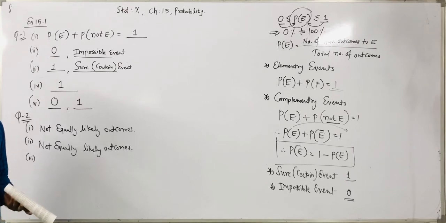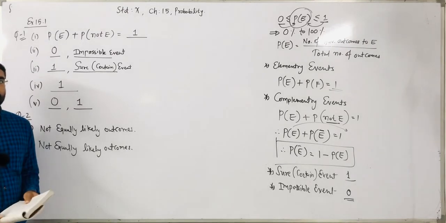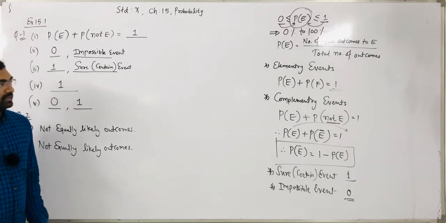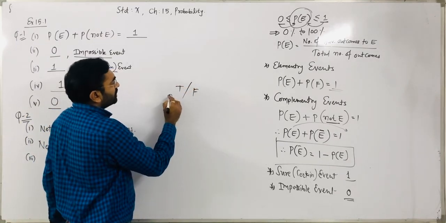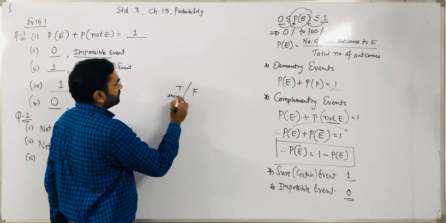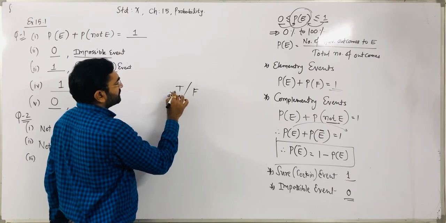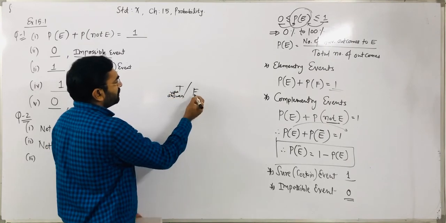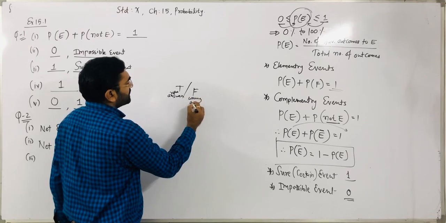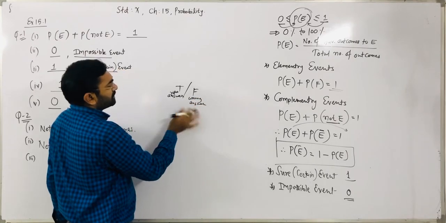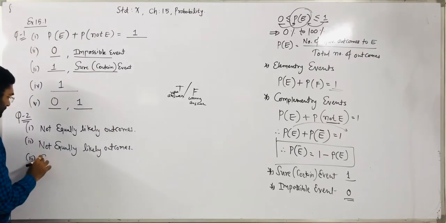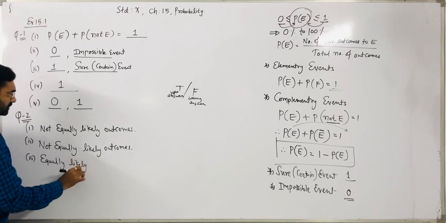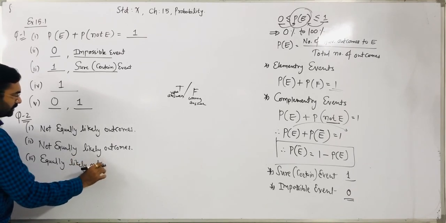That type of outcome we can say is equally likely, because if your question is true-false and your answer is true, it is a right answer, and if the answer is false, then in that case both outcomes are equally likely.